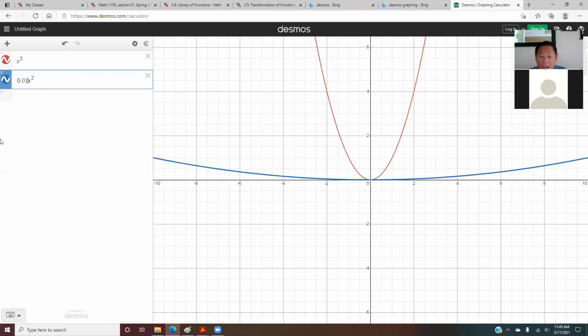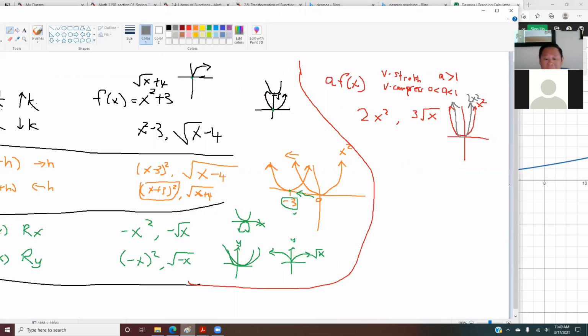So what happens in this case is a vertical stretch will mostly make your graph narrower. And for compress, when you have something like half of x squared or 1/3 of the cube root of x, this graph will get wider.